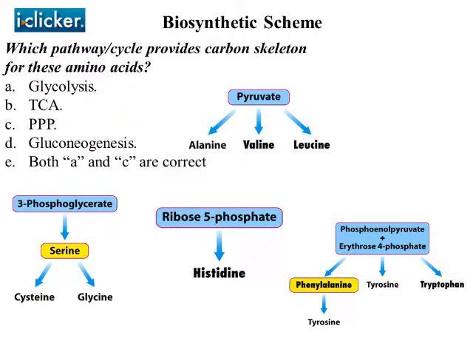All right. What do we have here? Aha. What is the last one? Both A and C. That's right. That's both glycolysis and the pentose phosphate pathway. That is absolutely correct.